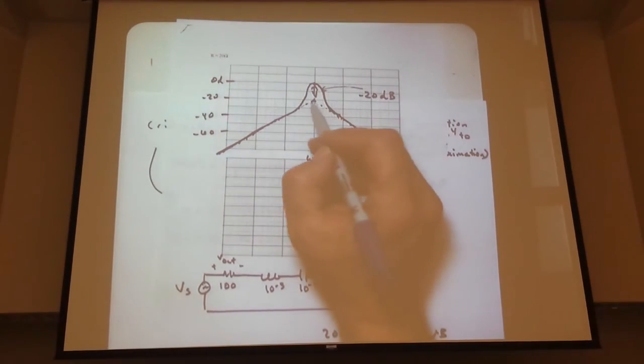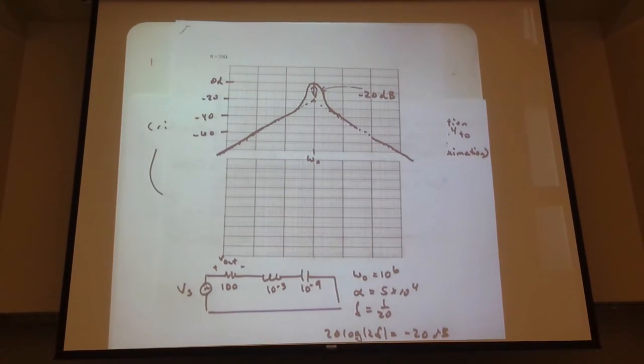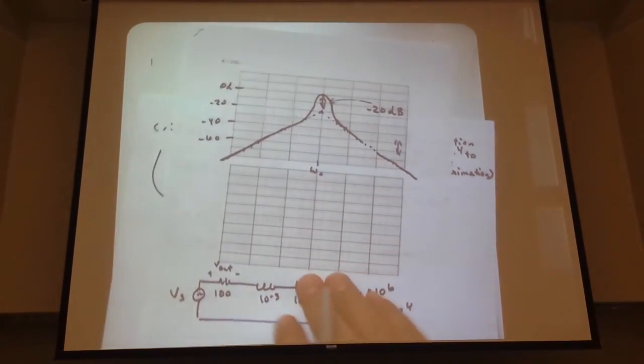So the trick here, when we sketch these things, this one's a little bit different than the other rules. The critically damped case always has a straight line approximation, that's this upside down V. But the upside down V moves up and down depending on the damping.